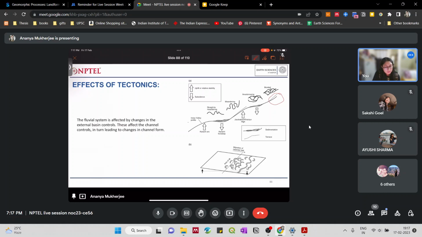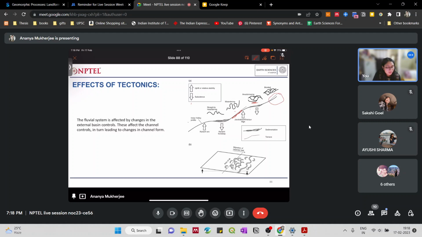Then you see that over here the channel gradient is increasing, so the flow velocity increases compared to the place over here. Here you can see the upward arrow is the uplift and the downward arrow is subsidence. What is uplift? Any area getting elevated. Subsidence is any area going down or getting depressed.